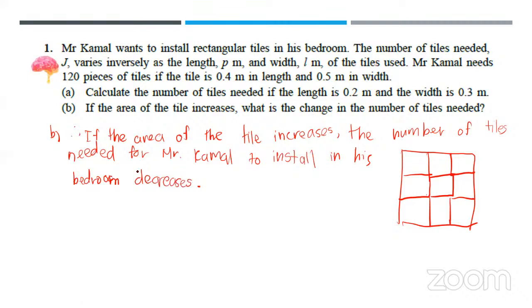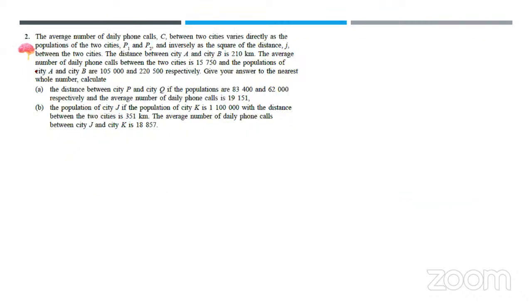So let's move on to the next question. Okay, so this looks like a long one. Let's read it. The average number of daily phone calls, C, between two cities varies directly as the population of the two cities P1 and P2, and inversely as the square of the distance J between the two cities. The distance between city A and city B is 210 kilometers.